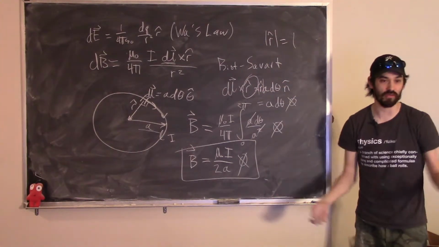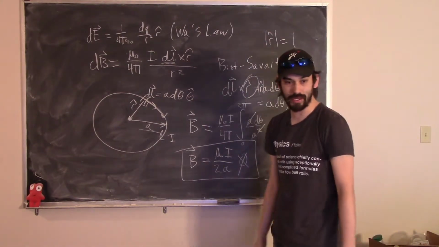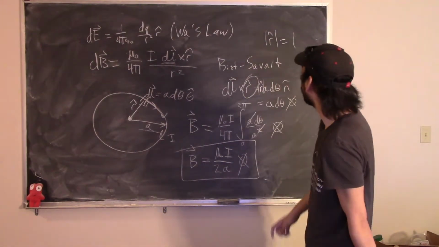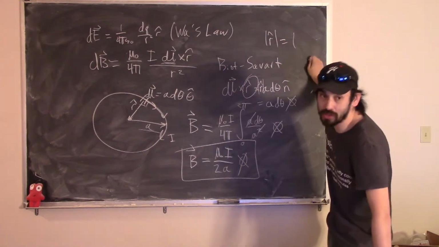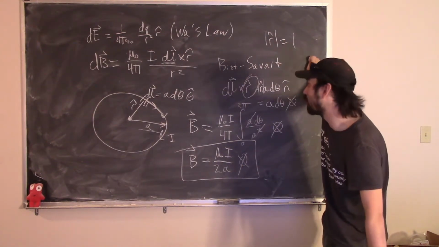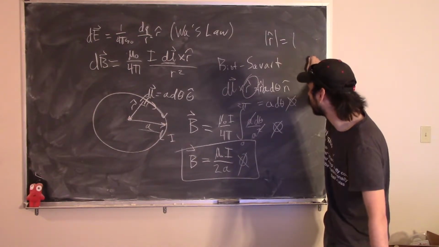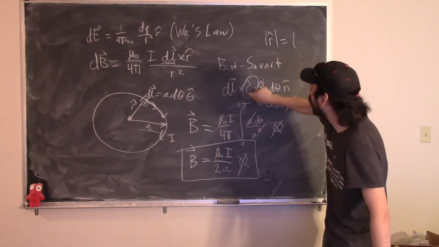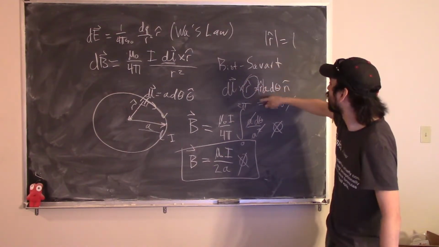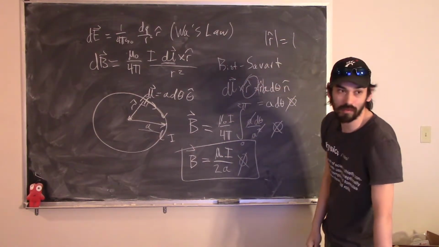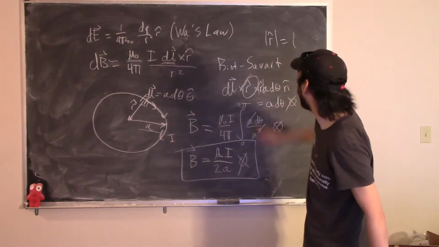Because it's a unit vector, and that's part of the reason why we like to work with unit vectors, a lot of times you end up having a dot product between two unit vectors, which is either going to be 0 or 1 depending on what the unit vectors are. Here I have a cross product with a unit vector, so whatever magnitude comes out of this is just going to be 1. So that's where that went.